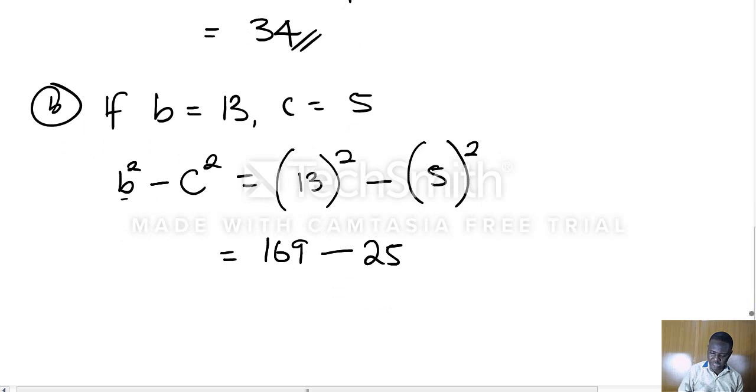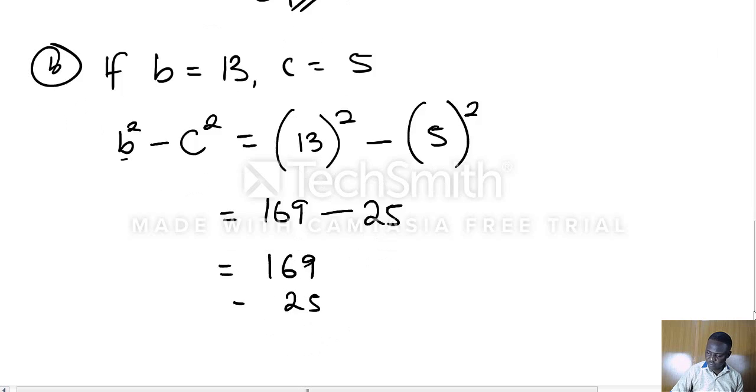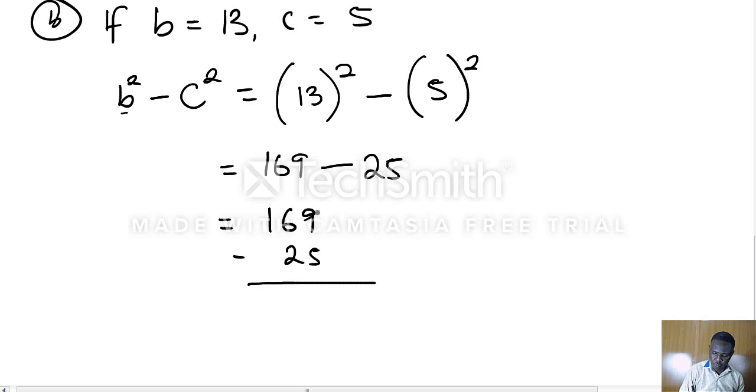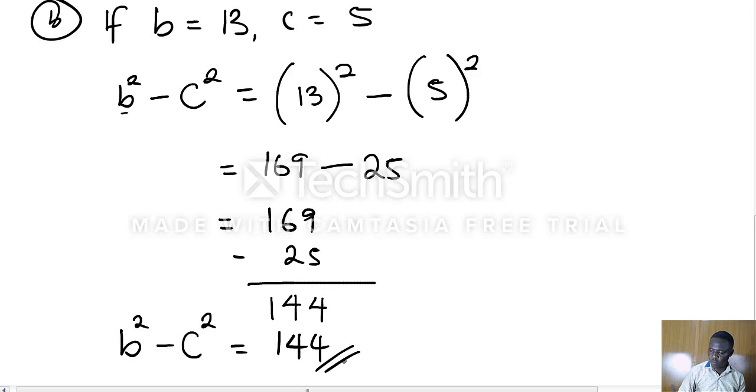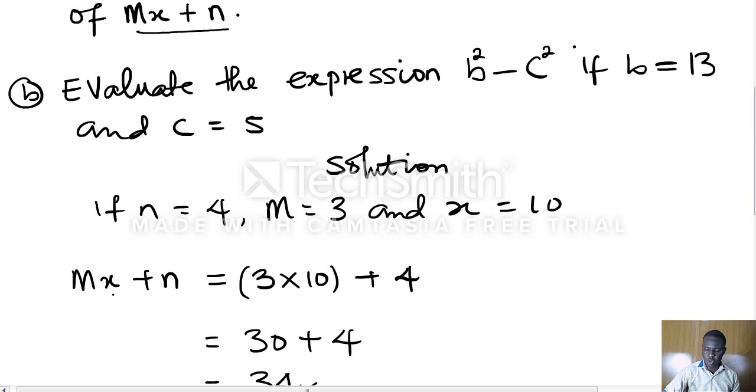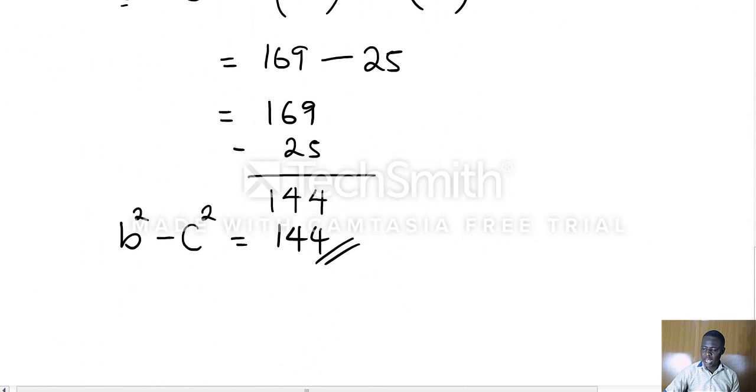So 169 minus 25 will be equal to, 9 minus 5 is 4, 6 minus 2 is 4, and you bring down 1. So that the expression b squared minus c squared is said to be 144 as your answer. So that is all on example 1 and 2.